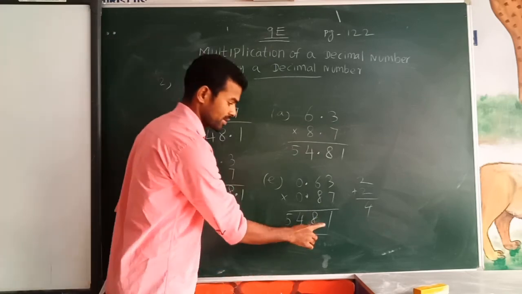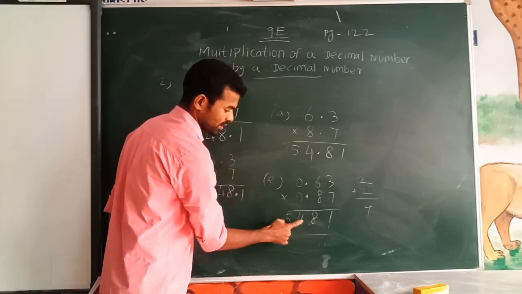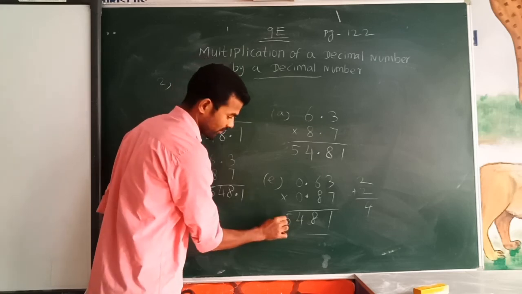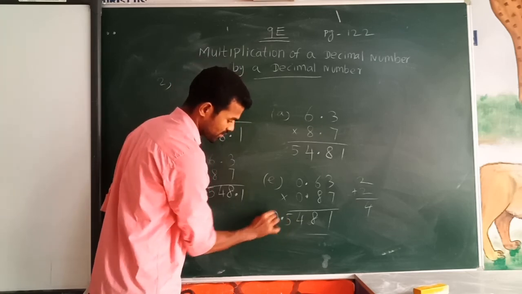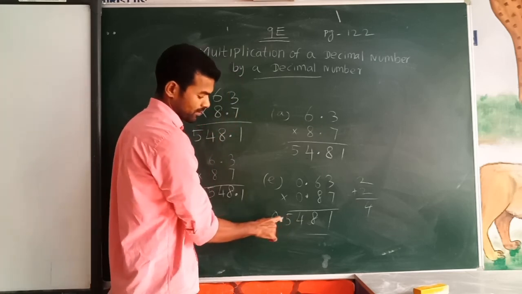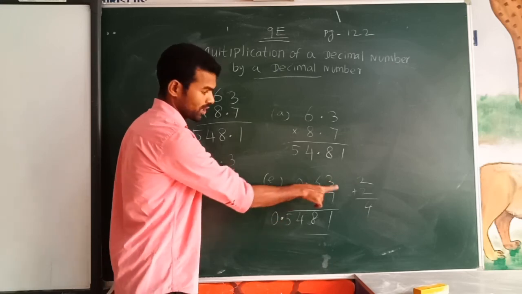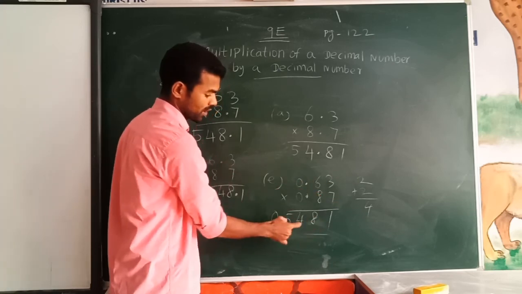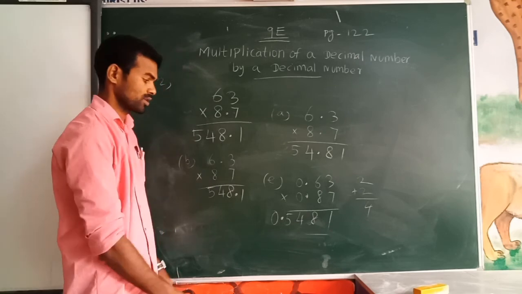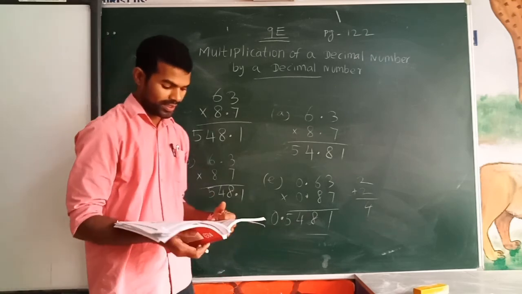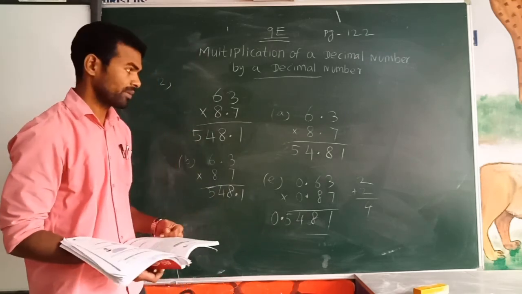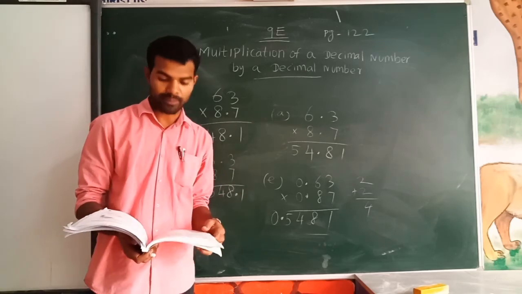So in the answer, see: 1, 2, 3, 4, before that the point and 0. Understood? 4 decimal places. So the answer, 1, 2, 3, 4. This is the answer: 0.5481.